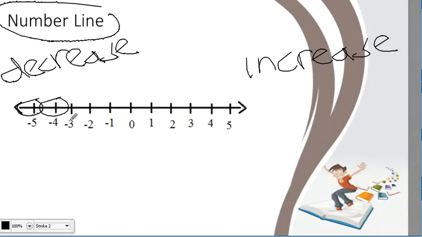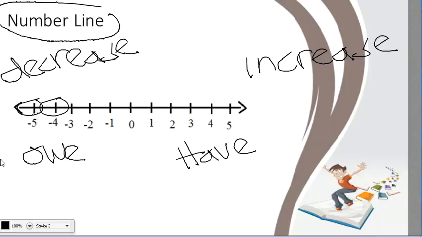And when we think about positive and negative numbers, a good way to think about this is money. I know that most teenagers understand money. So if you're talking about positive numbers, that is having money. If you're talking about negative numbers, that is owing money.